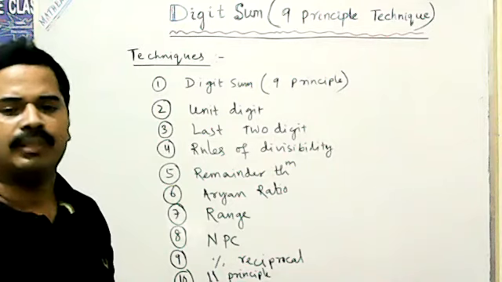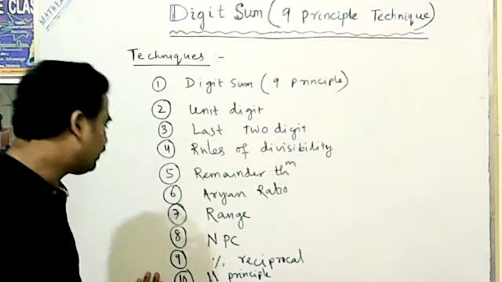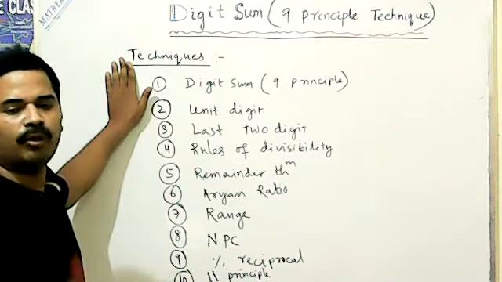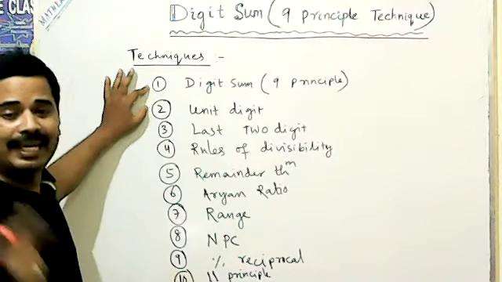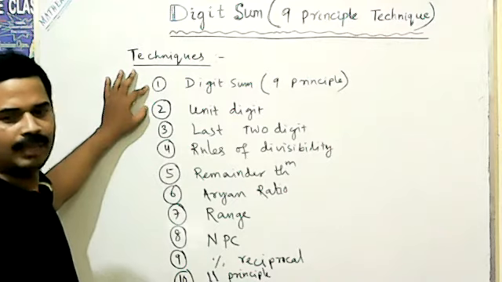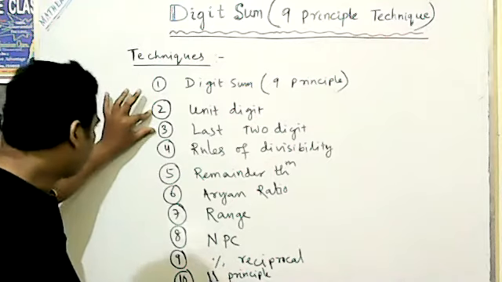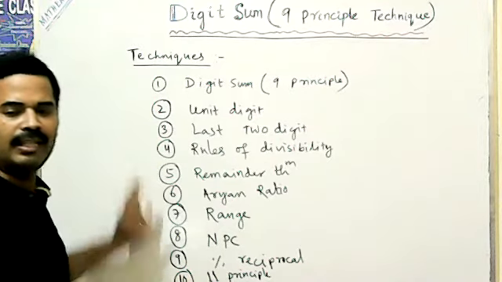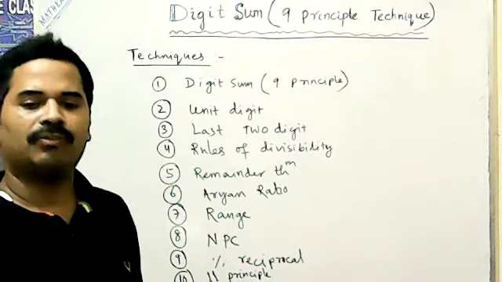Whatever question comes, if similar types of digits appear, you can use at least any two concepts, and then you can find the exact value.